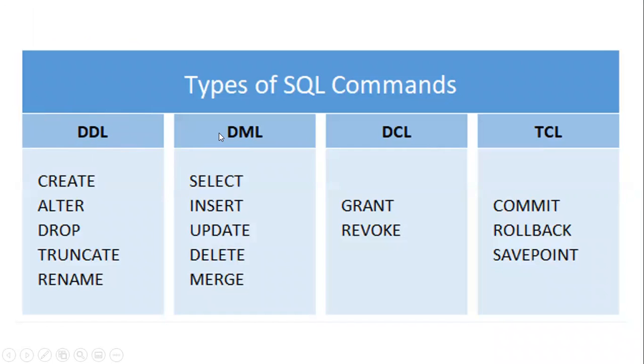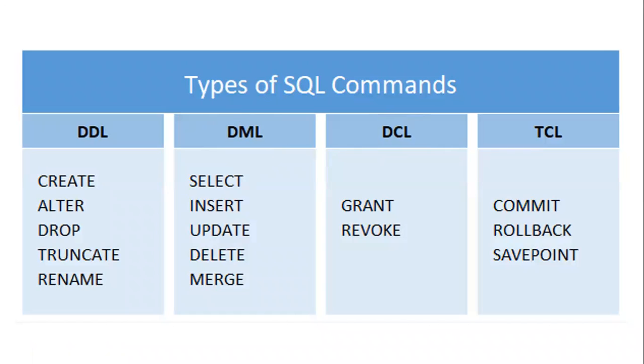Next, DML, Data Manipulation Language, which is used to retrieve data from the database, add data to the database, or change already existing data. Then DCL, that is Data Control Language, where we can give permissions to users, make them authors or owners, or give them access to other tables.